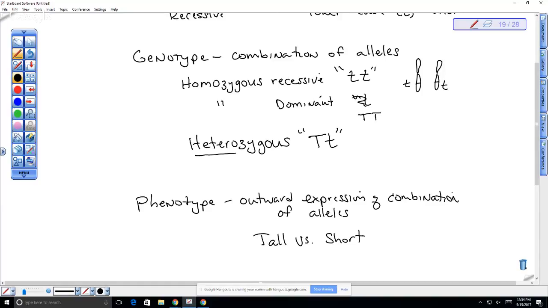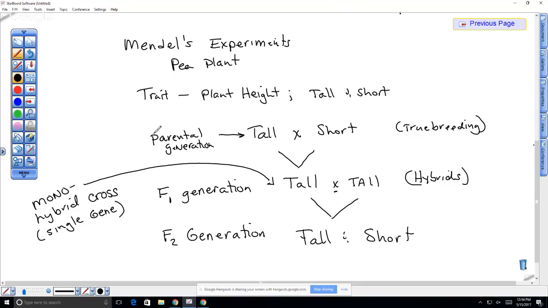Okay, so let's go back to the initial cross that we did and draw in the genotypes. So you'll notice that I only said phenotypes. So this is phenotypes, tall versus short, tall, tall, and short, okay? So in a different color, you could do this on a separate page if you wanted to.